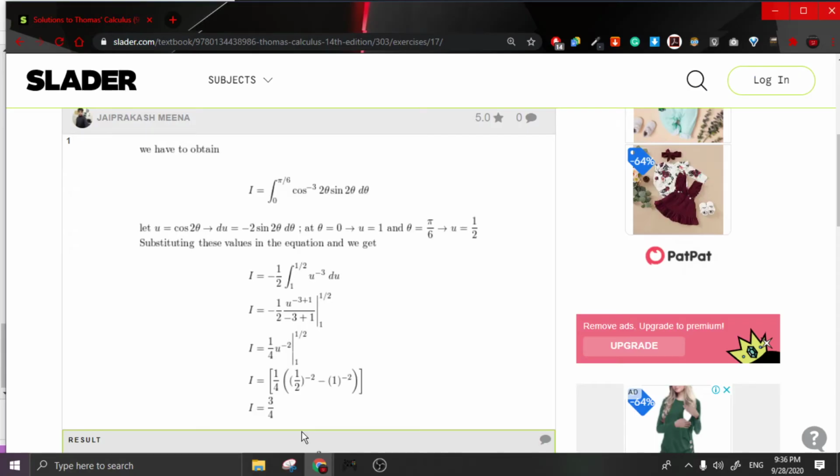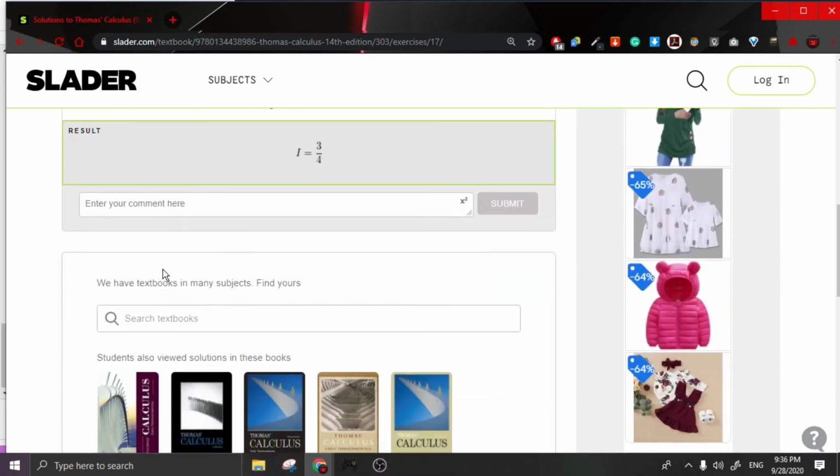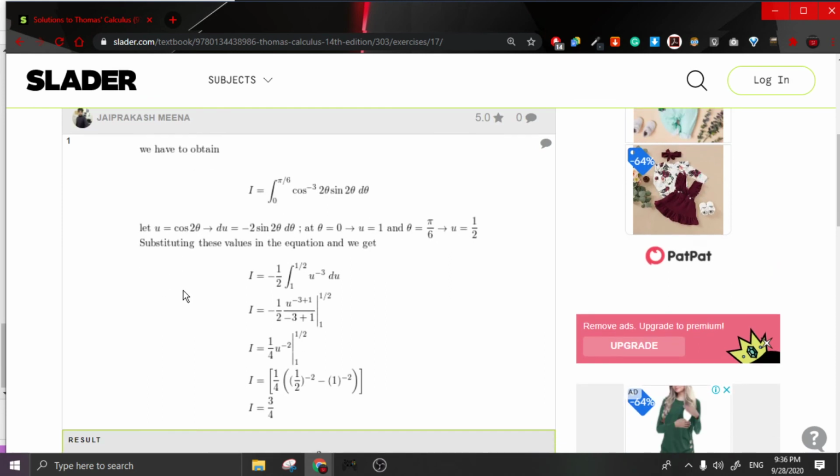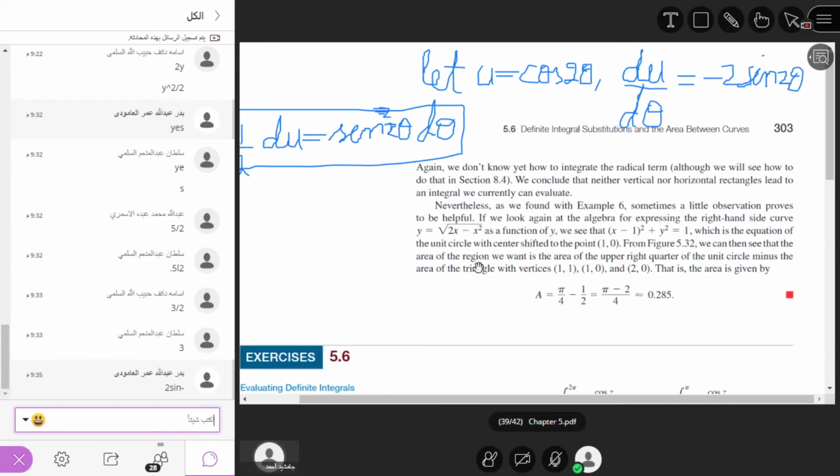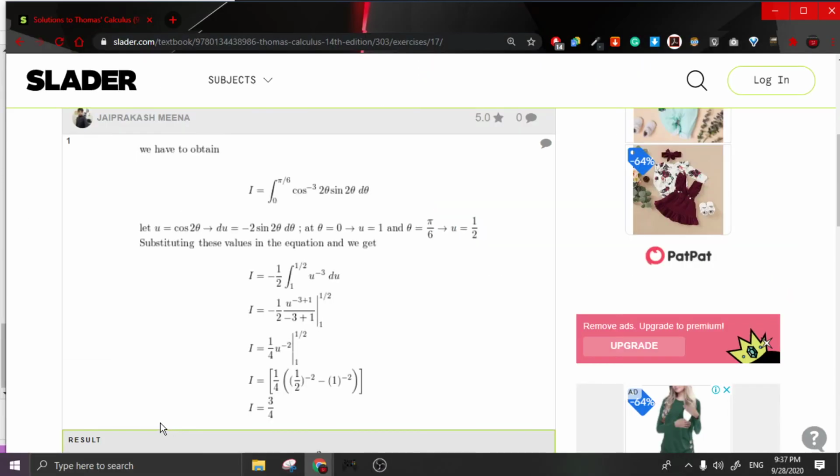Sorry, not square, it is sine 2 theta d theta, no square here. So sine 2 theta d theta is equal to minus 1 over 2 du.